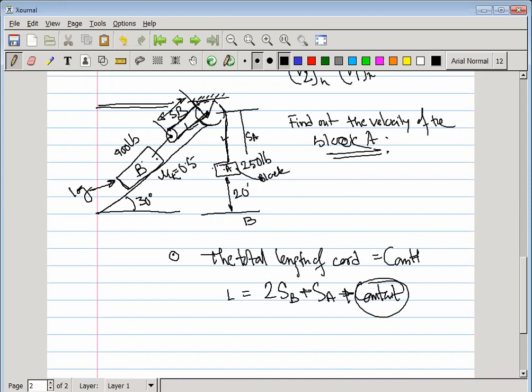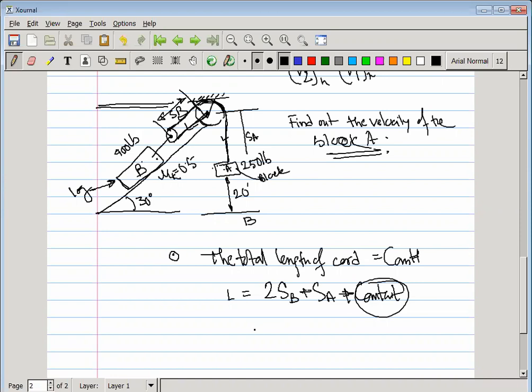This constant is the angle of wrapping, which is always constant because it depends on the diameter of the bigger pulley.